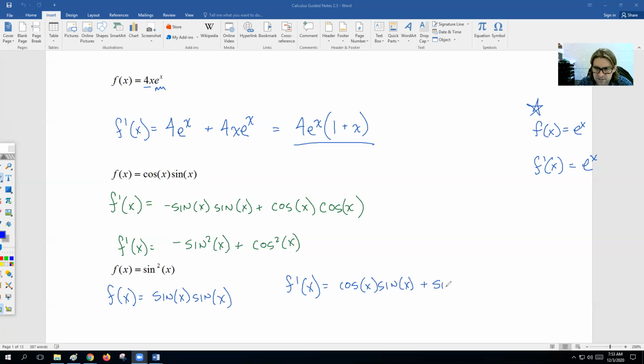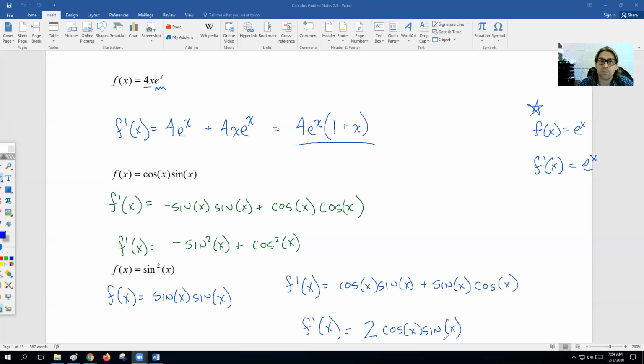Then we will leave the sine of x alone and take the derivative of sine, which is cosine of x. Now these two things are the exact same expression, cosine x, sine x, and we can add them together. So we would have two of them, 2 cosine x sine x.